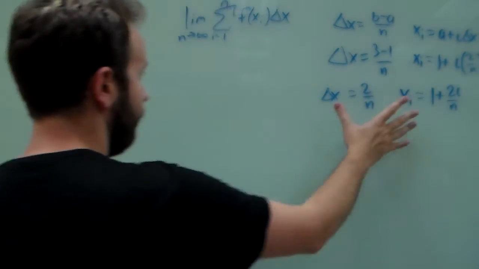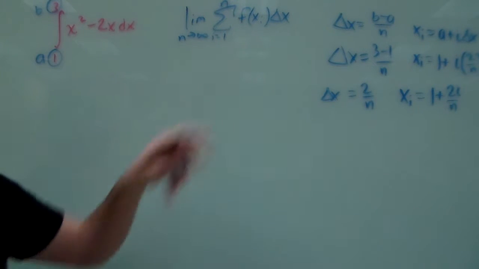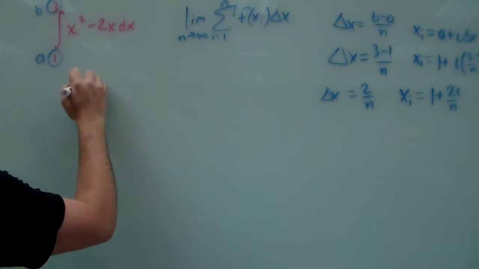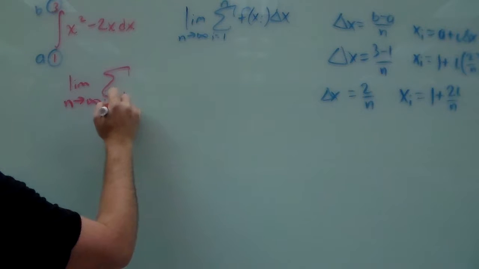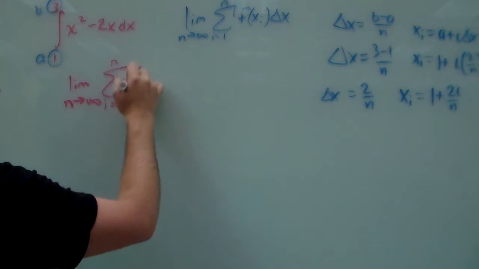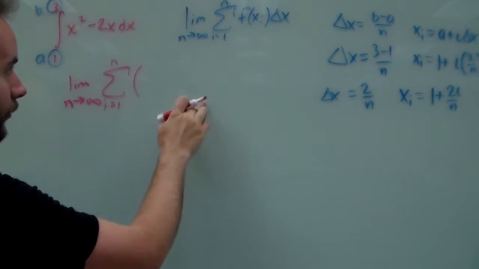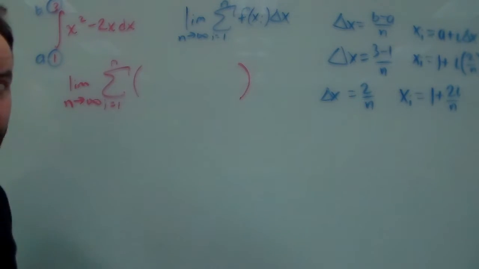Okay, now I have all this information. I'm going to start plugging it into converting this integral to a summation. So watch me go. I'm going to have the limit as n approaches infinity of the summation from i equals 1 to n of the function, which is x squared minus 2x.